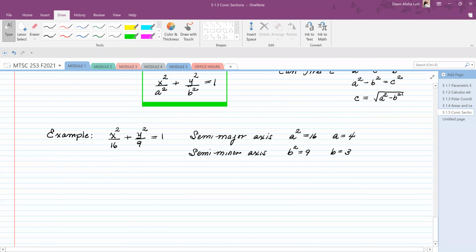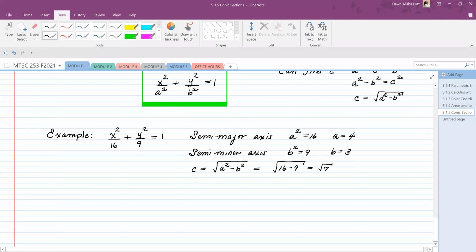So now we can find our center, our focus, C, is equal to the square root of A squared minus B squared. So that is the square root of 16 minus 9, which is the square root of 7.